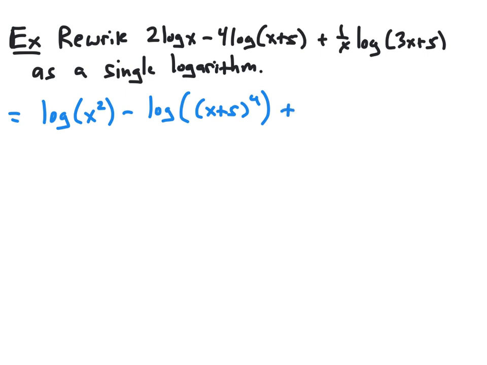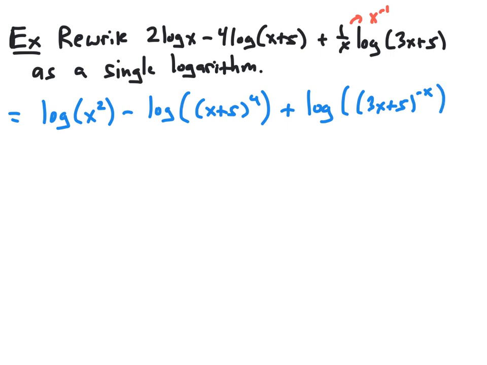And the third expression, the coefficient is not a number, it's 1 over x, but that's okay. It might be helpful, actually, to think of 1 over x as x to the negative 1, a little bit easier to write. It behaves the same way. So we'll have log of 3x plus 5 raised to the negative x power.